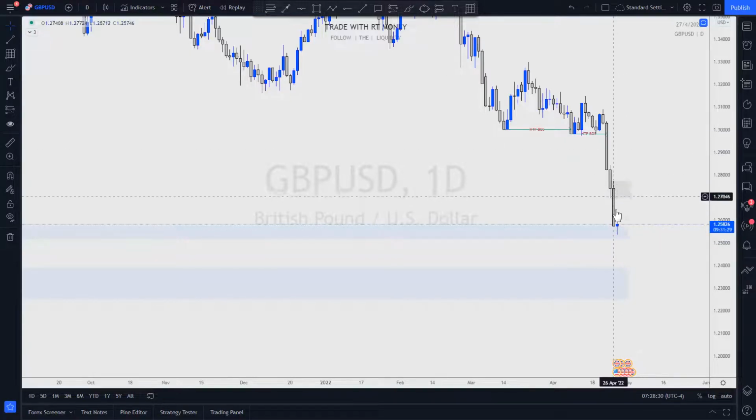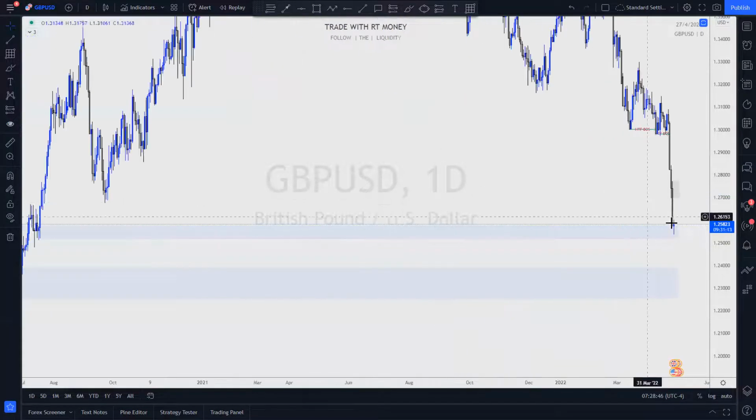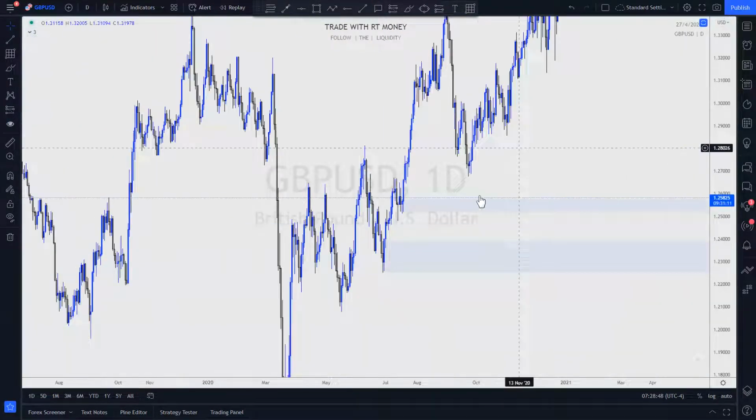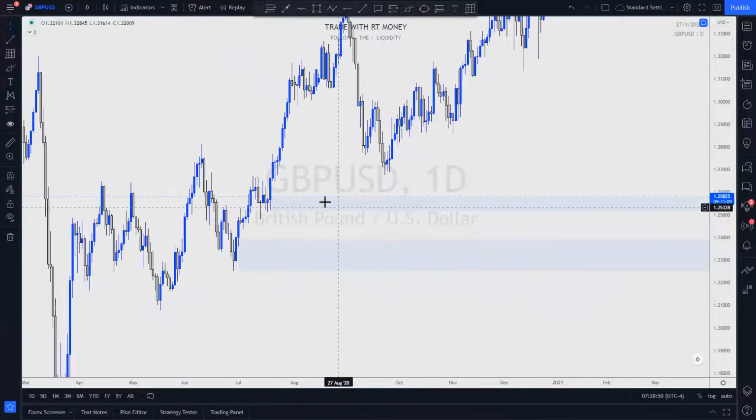So what we have to do is figure out where the demand zone is that could potentially turn price around and give it some trouble. I see a buy to sell wicks here, so I have those marked. We're going to go all the way over to the left to see the potential of these demand zones. I've marked this one here. You see how price left that with good momentum.